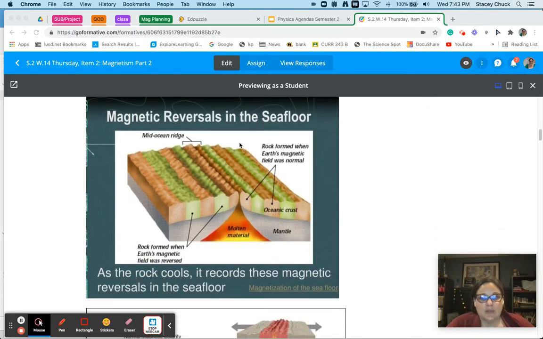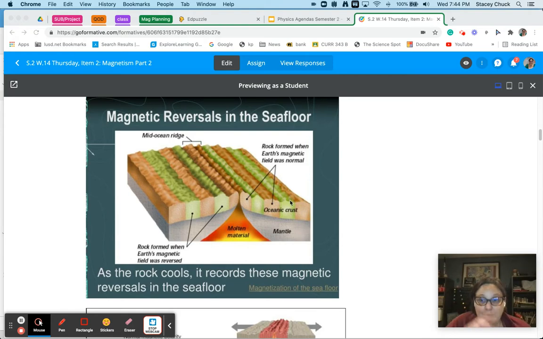All right, this is really cool. We think of something like the polarity of Earth's magnetism as really constant and staying the same. But we have evidence on the Earth's crust, particularly under the ocean, that shows that the polarity of Earth actually flips every 300,000 to a million years or so.